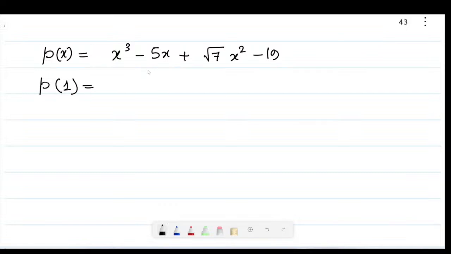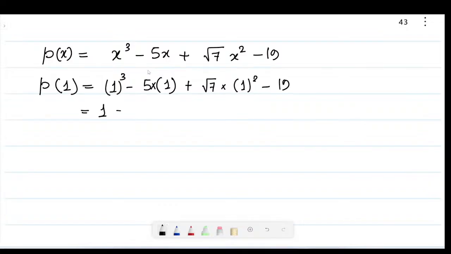That means we just substitute x with the value 1, like this: 1 cube minus 5 into 1 plus root over 7 into 1 square minus 19. I am just putting the value.